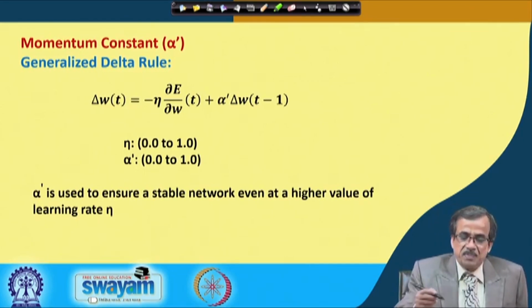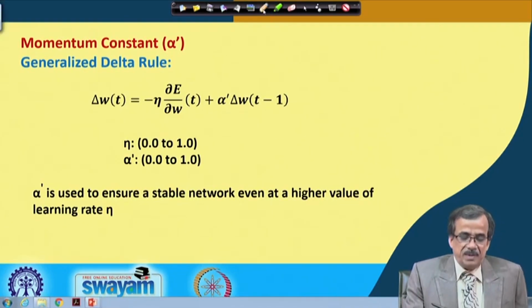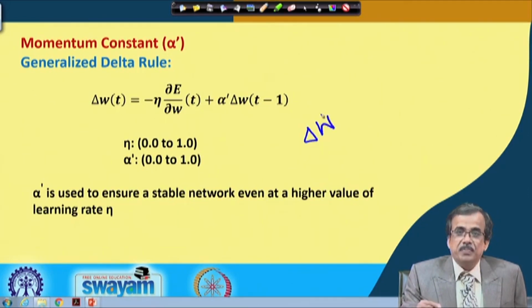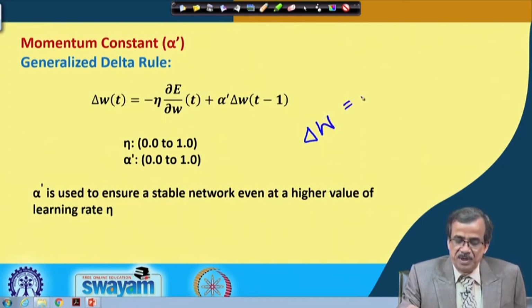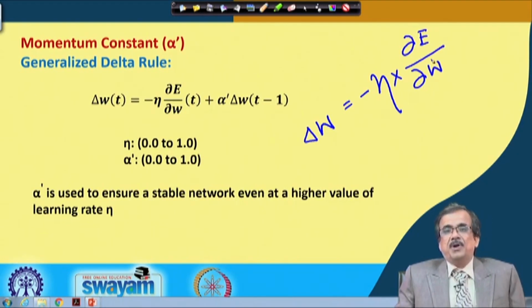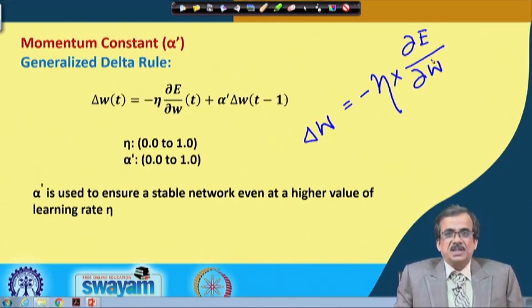Now, if you see this rule, let me write it here. For example, the change in W is nothing but, let me repeat, minus eta multiplied by the partial derivative of error with respect to W. If I follow this rule, that is called the delta rule.